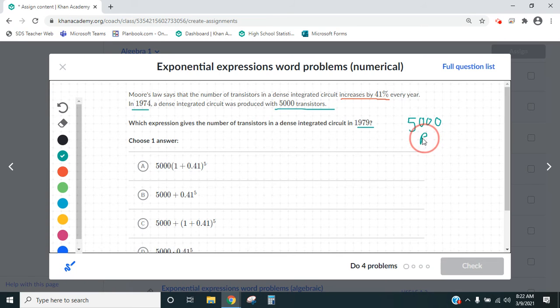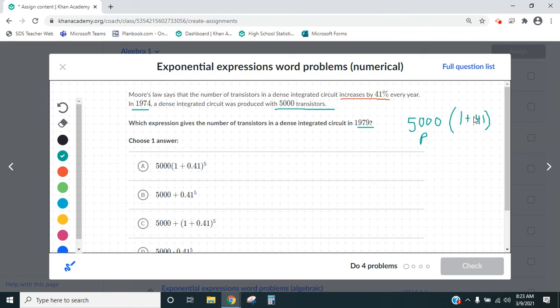This is like P for principal, the original amount. So if you take out a loan, it's your principal. Since it's an increase, we're going to be adding something to the whole. So we're going to be adding 0.41 because it's an increase. If it was a decrease, we would subtract.